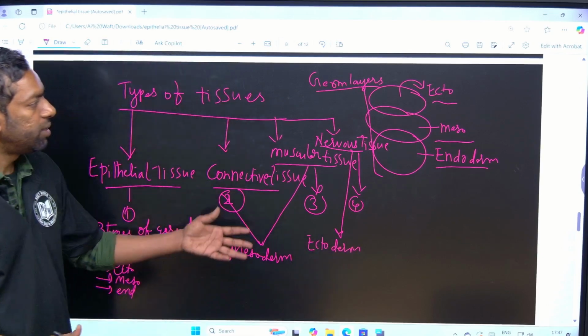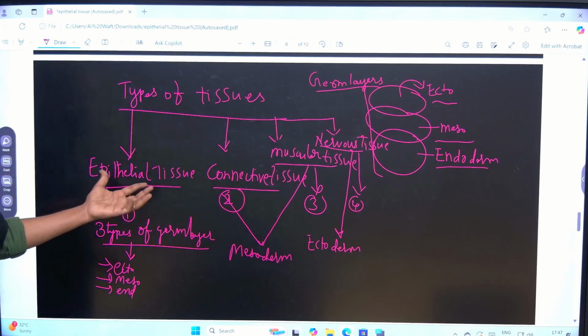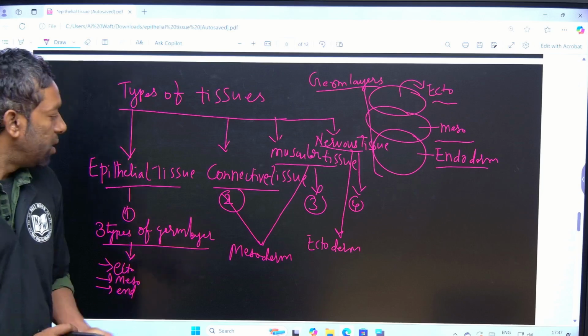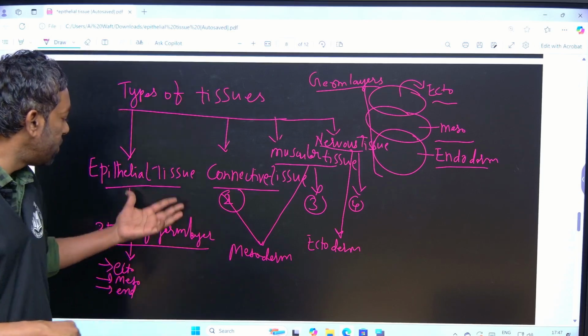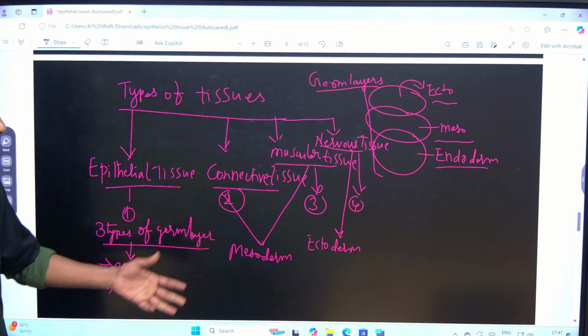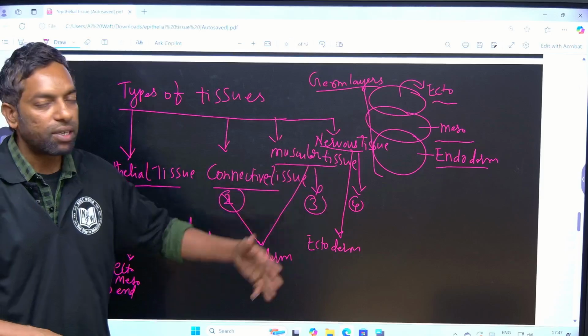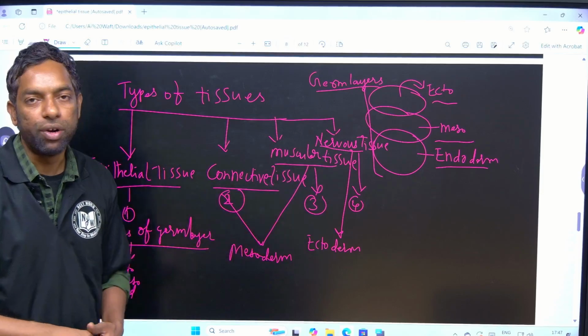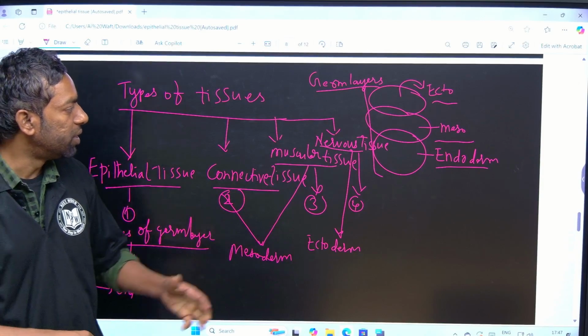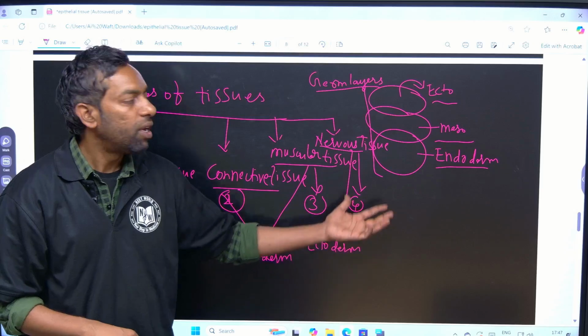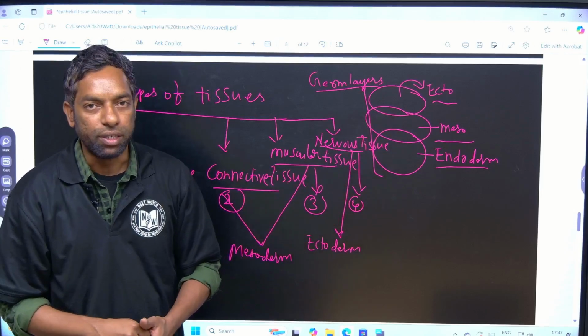So guys, listen carefully. Epithelial tissue originates from 3 germ layers, and connective tissue and muscular tissue are of mesodermal origin. Nervous tissue is of ectodermal origin.